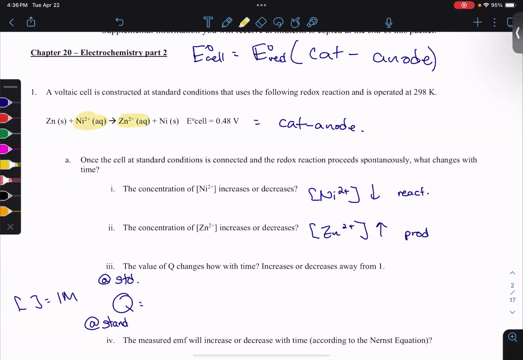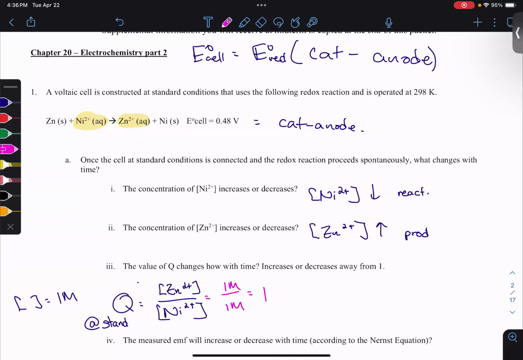We're not going to include any of those solids. Our Q expression for this redox reaction is simply zinc 2+ concentration over nickel 2+ concentration. At standard conditions, anything with a concentration is 1 molarity. So Q is equal to 1 molarity over 1 molarity, so Q is equal to 1 at standard conditions.